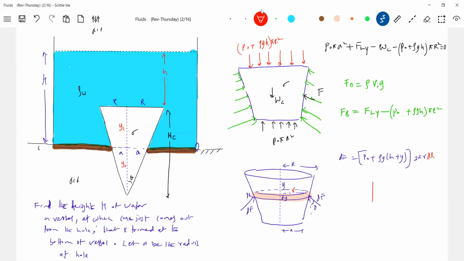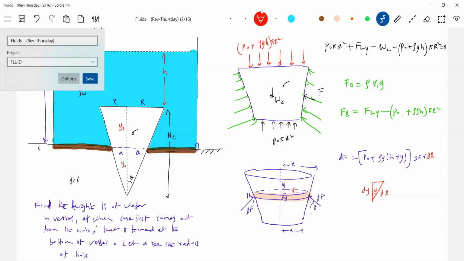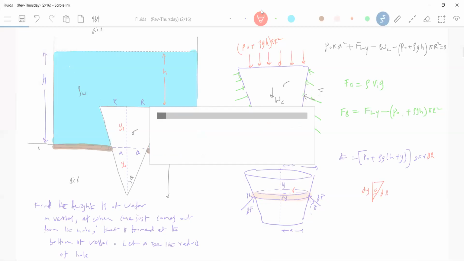What is dl and dy? dy will be like this, dl will be like this, and this is theta. So we can replace that dl in terms of theta. Theta is given to us.